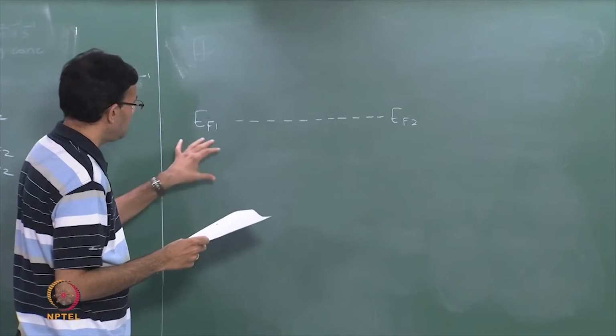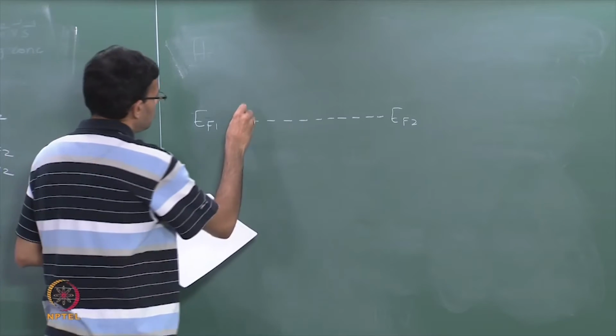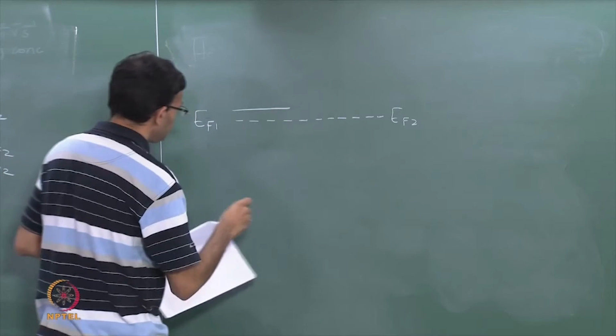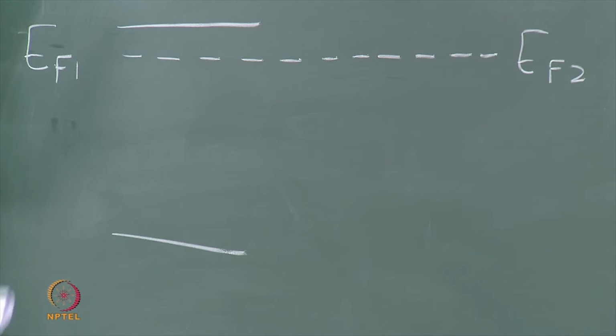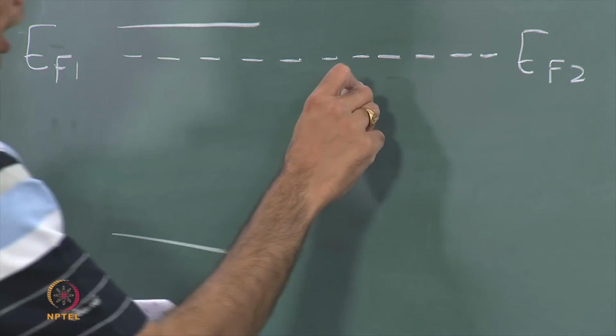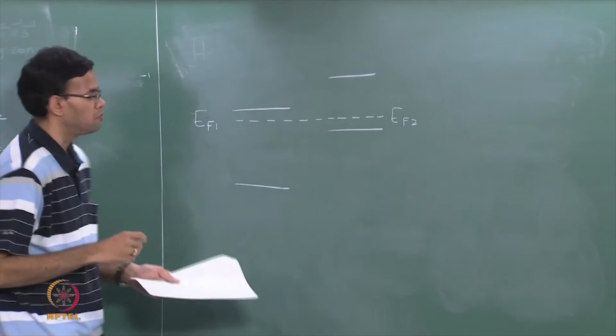So, I have material 1 which is my n-type semiconductor. This is the material with the wider band gap, and then I have my p-type material with the smaller band gap.